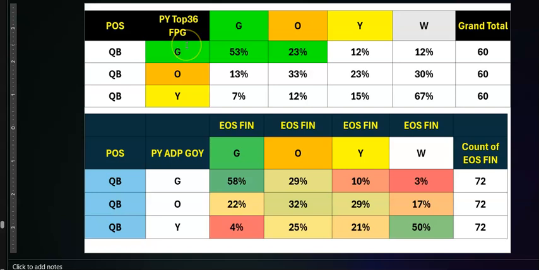So if you look at the fantasy points per game from the previous year versus this year, it's actually a little bit worse than the ADP. In other words, if you're thinking, well, I'll just look at last year's fantasy points per game, not this year's ADP, well, it doesn't give you an advantage necessarily.